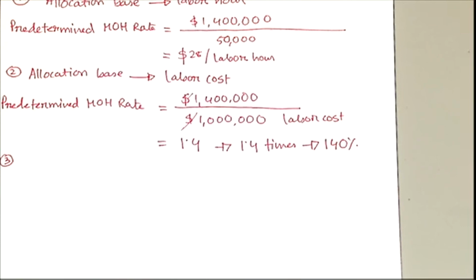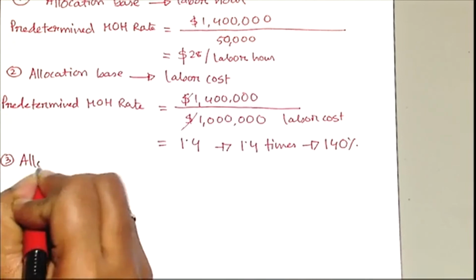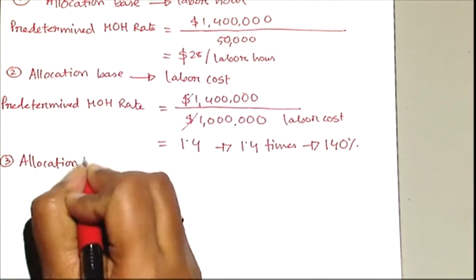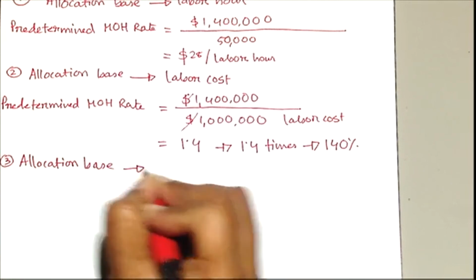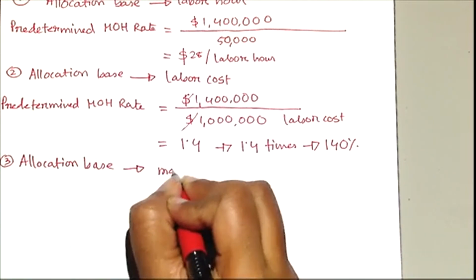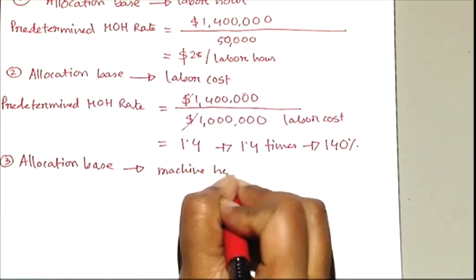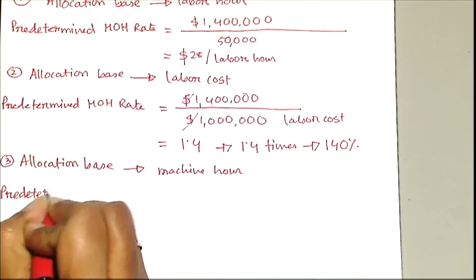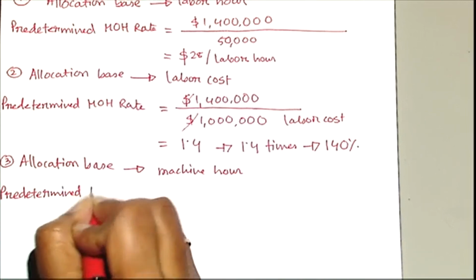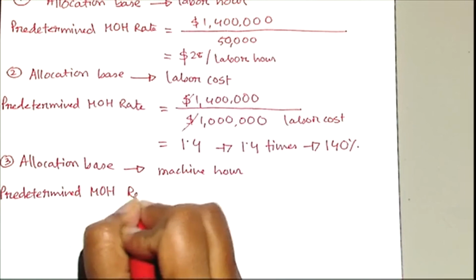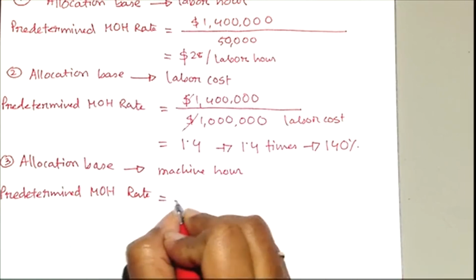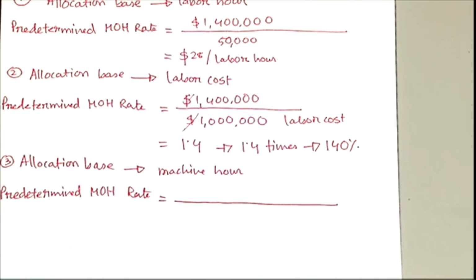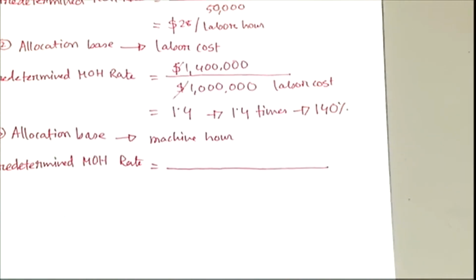Third one. What is your allocation base? Machine hours. So now, third one, our allocation base is machine hour. And we're going to calculate our predetermined manufacturing overhead rate. Again, your numerator is total estimated manufacturing overhead cost, which is how much?